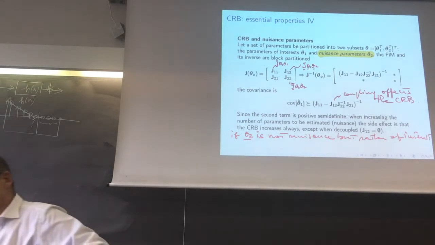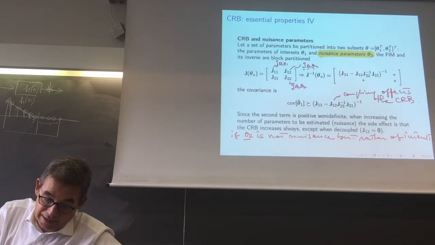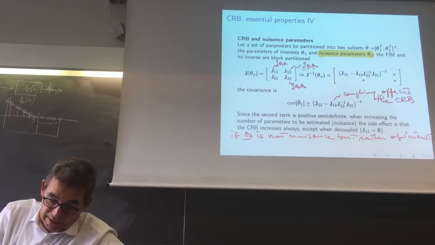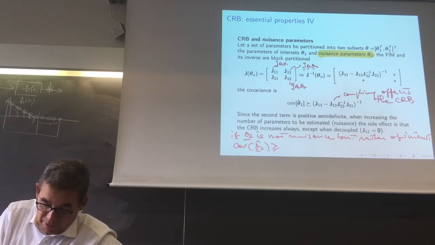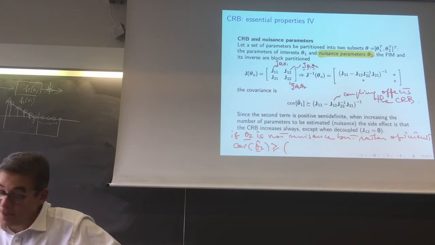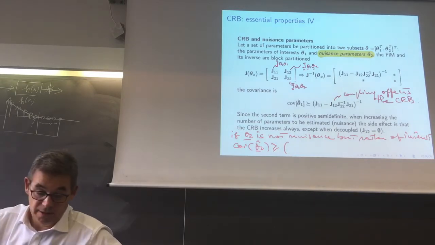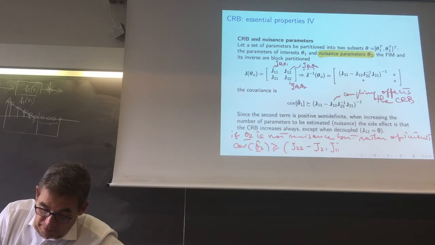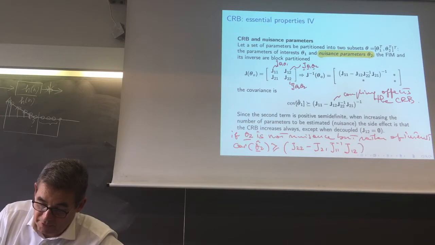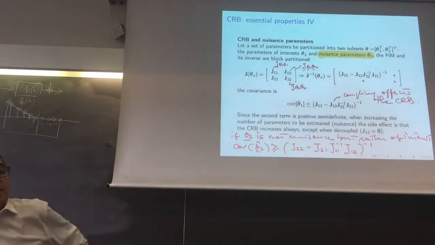So if they are of interest, then I'm applying the formula and the variance of theta 2 hat is larger or equal than J22 minus J21, J11 to the minus 1, J12, everything to the minus 1.